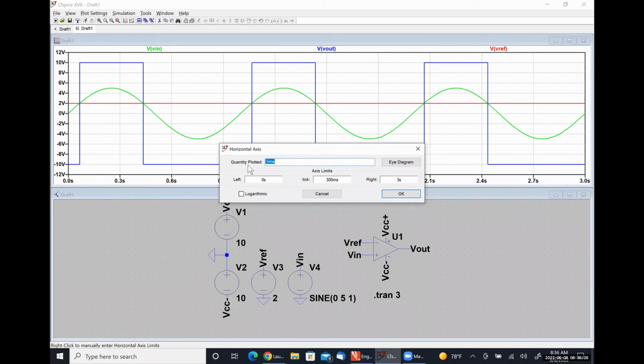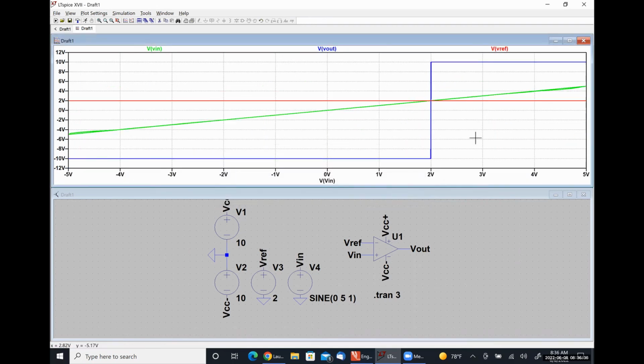So instead of plotting against time, let's plot the output voltage as a function of the voltage present at the node that I've labeled Vn. And what I'm going to do here is delete Vn, because that's just a linear line that has a ratio of 1 to 1.